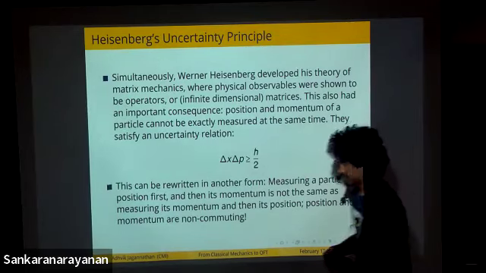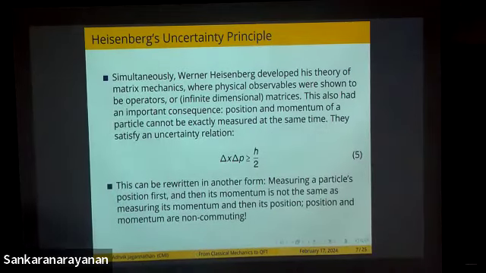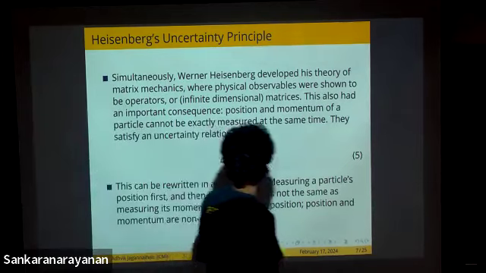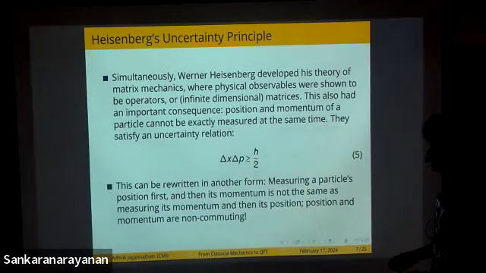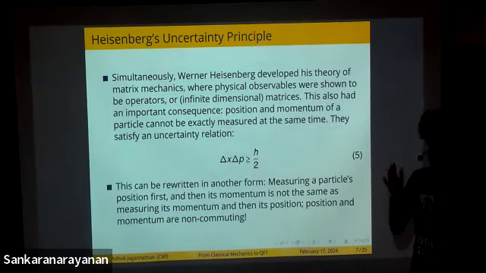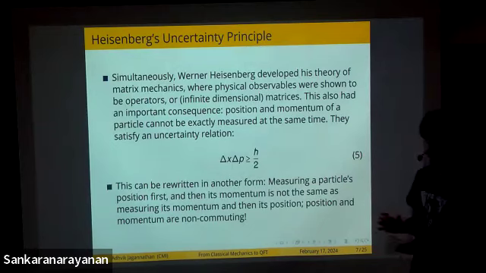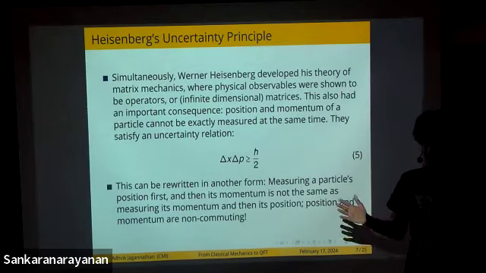For example, the momentum operator is minus i h bar dou by dou x. The energy operator is i h bar dou by dou t in some sense. And he observed that no matter what coordinates you're in, position and momentum will never commute.